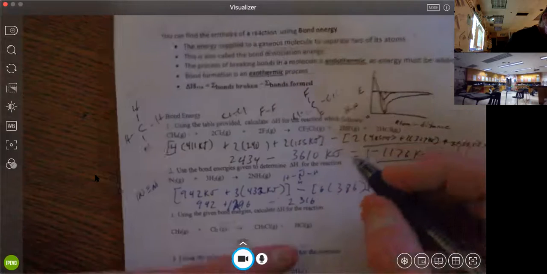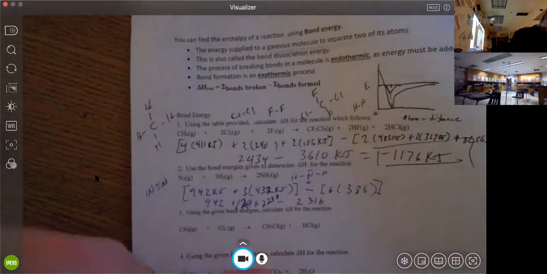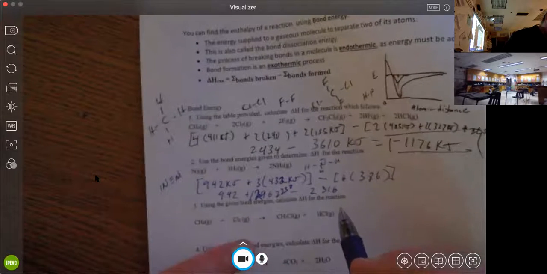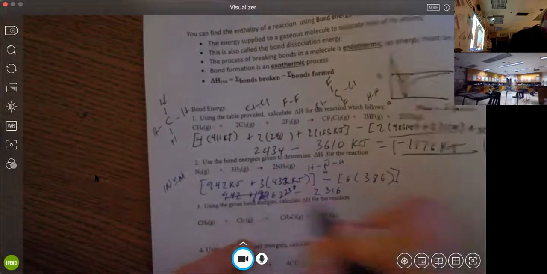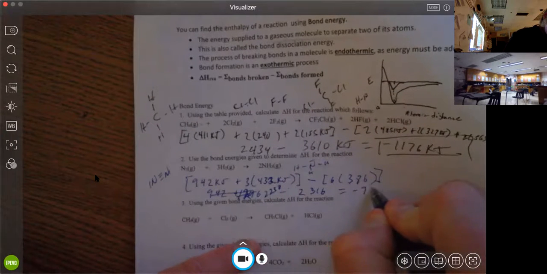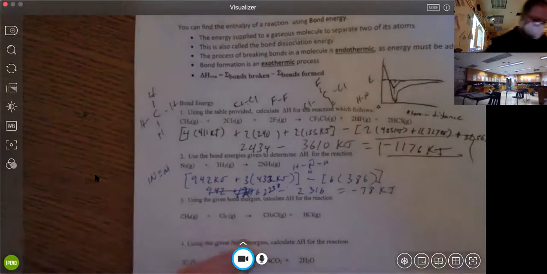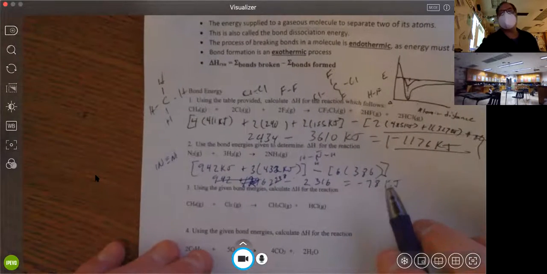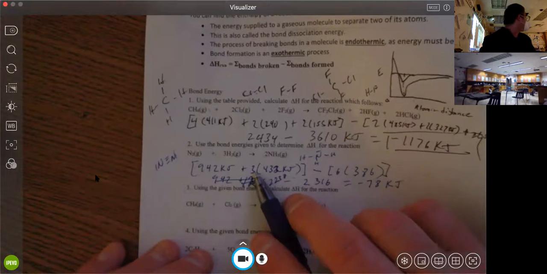942 plus 1,296. That would be 2,238. 2,238 minus 2,316. It's negative 78 kilojoules per mole. And keep in mind, that is the delta H of this reaction now.